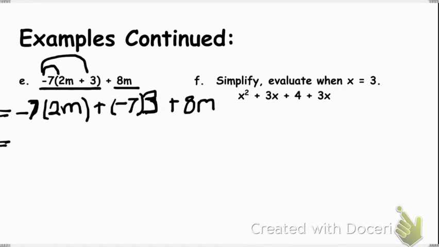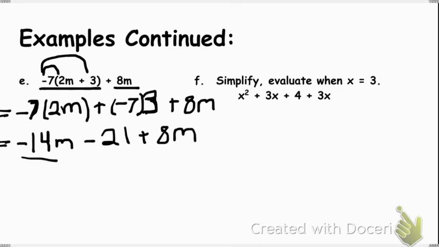Then negative 7 times 2m is negative 14m, and negative 7 times 3 is negative 21. If we're adding negative 21, it's the exact same thing as subtracting 21. And then I have plus 8m.